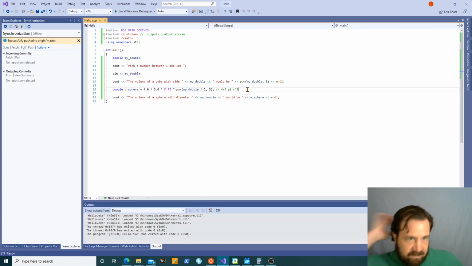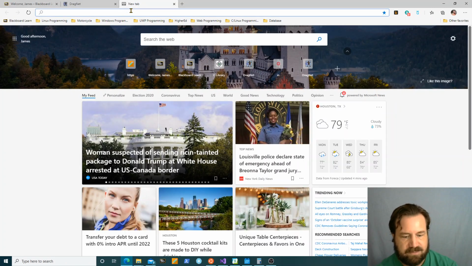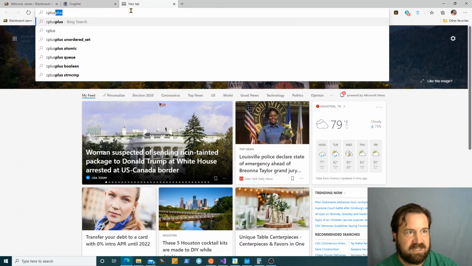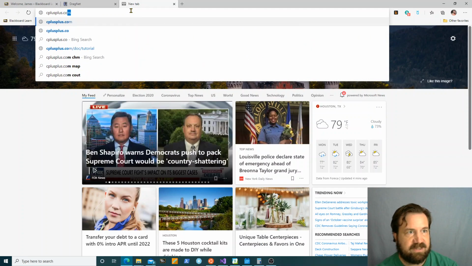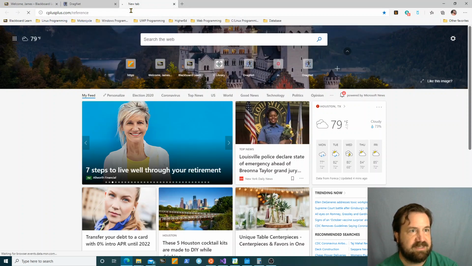Other things you can get from the cmath library. Let's take a little journey to c++.com/reference.